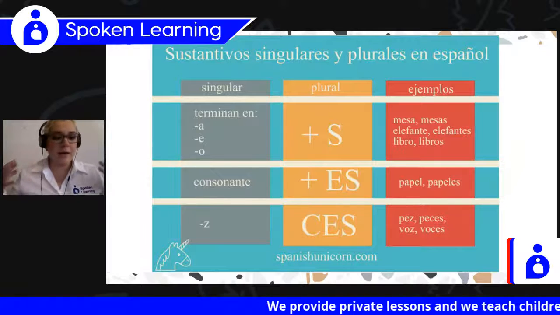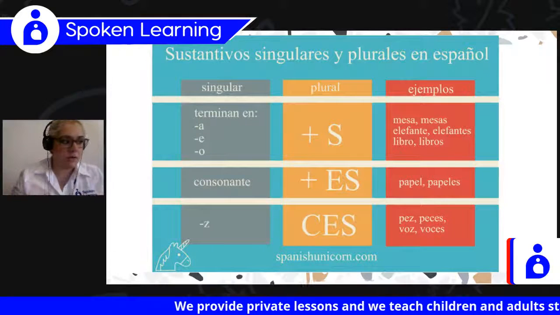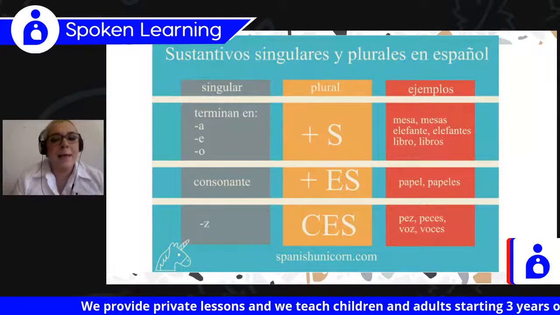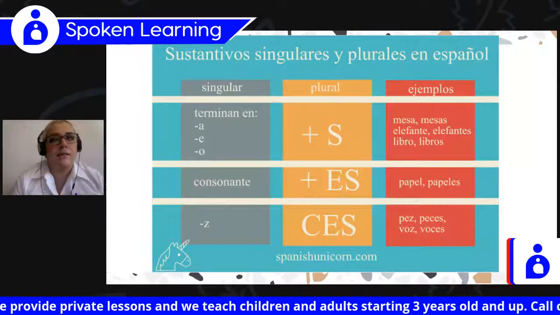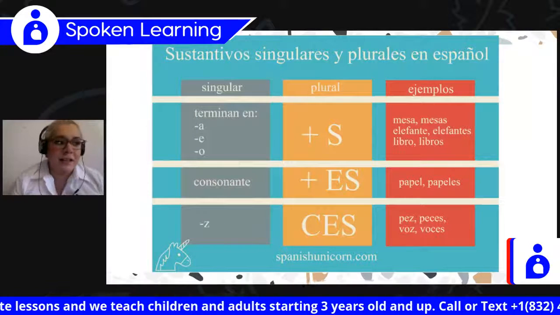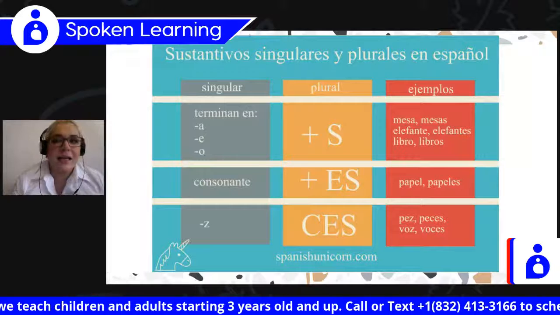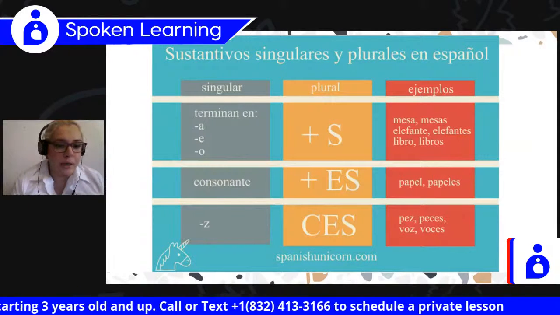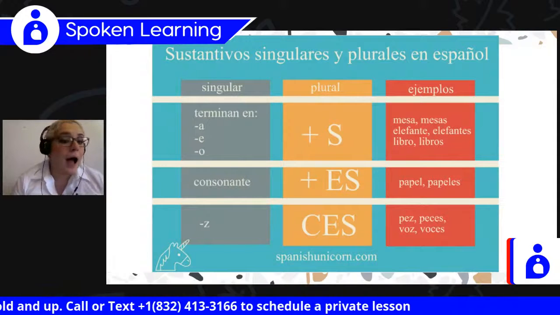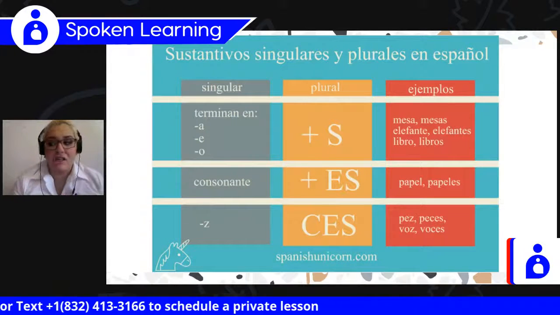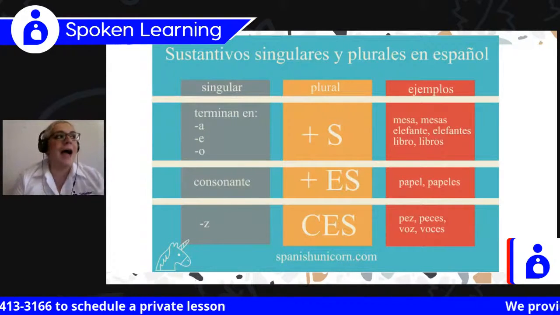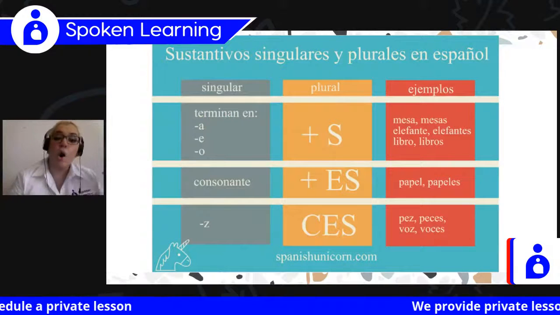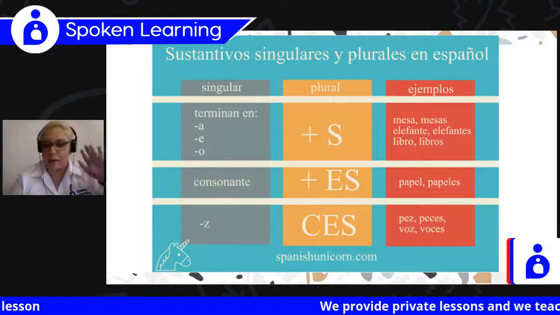When we have nouns that are in singular, for example, mesa, table, elefante, elephant, libro, book, those kinds of words that end with vowels. Remember that the vowels in Spanish are a, e, i, o, u, right?